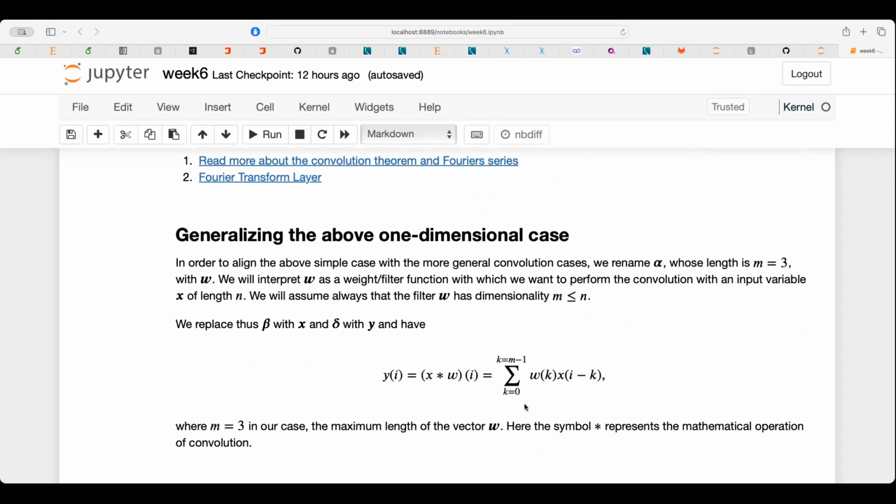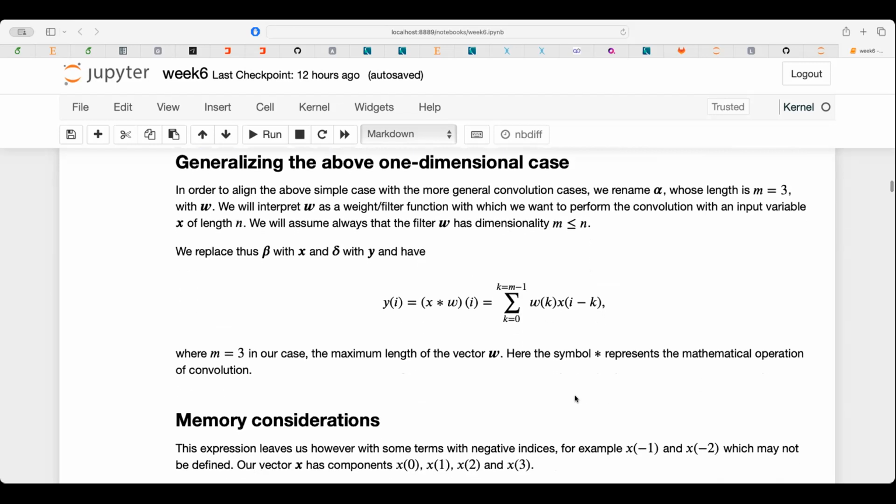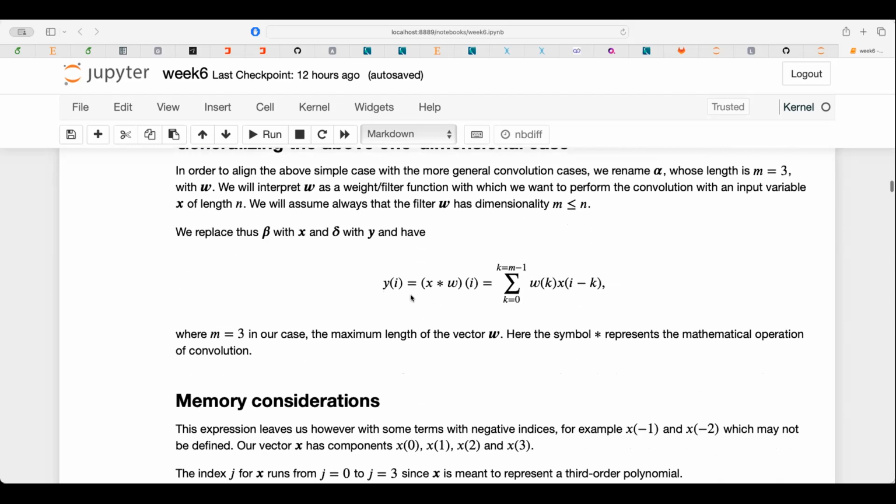Because as I said, there is no point in going from minus infinity to plus infinity. That's a waste of time, and in addition, we cannot allocate memory for that. So I would write this convolution process like this. Now, if you look at this, if I have i equal to 0, then k runs up to 3 minus 1, so I would then have 0 minus 2.